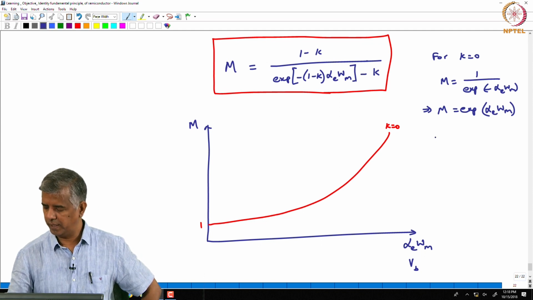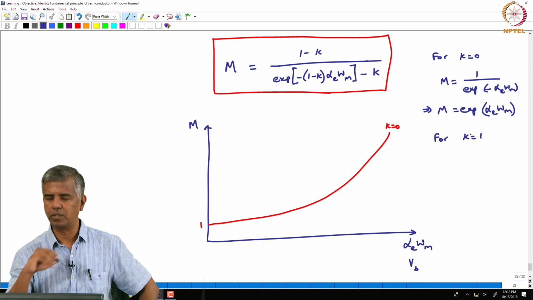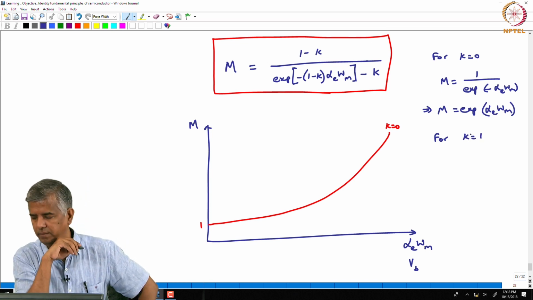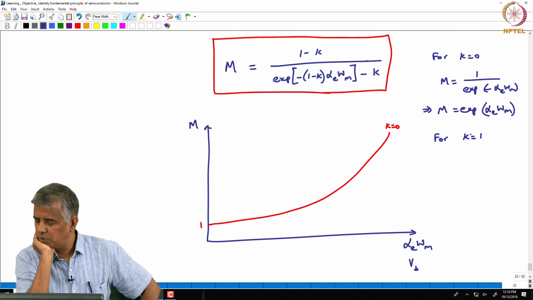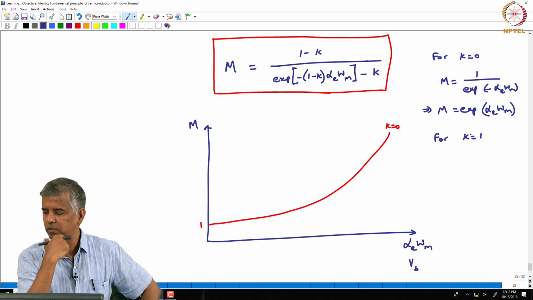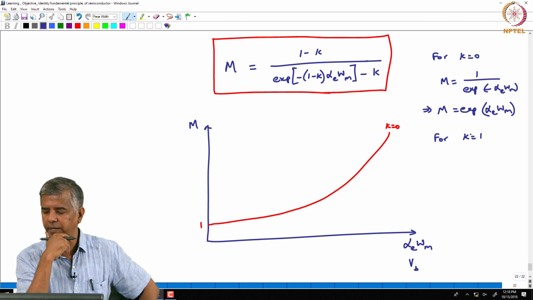Now the other extreme is k equal to 1, which means the impact ionization coefficient is the same for both electrons and holes. In that case, 1 minus 1 is 0, and the denominator is also 0.